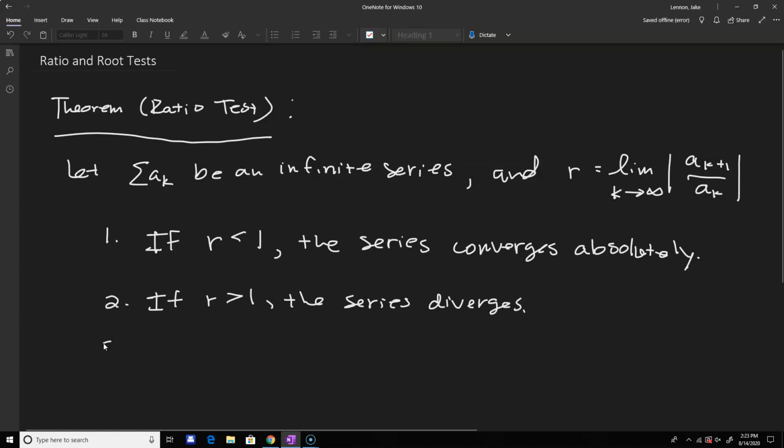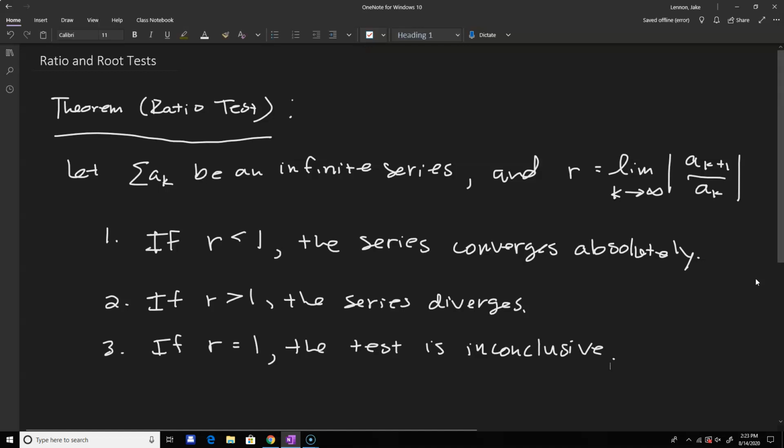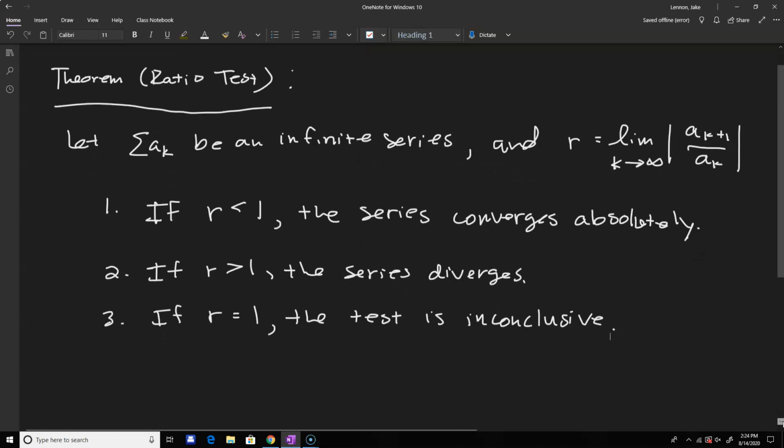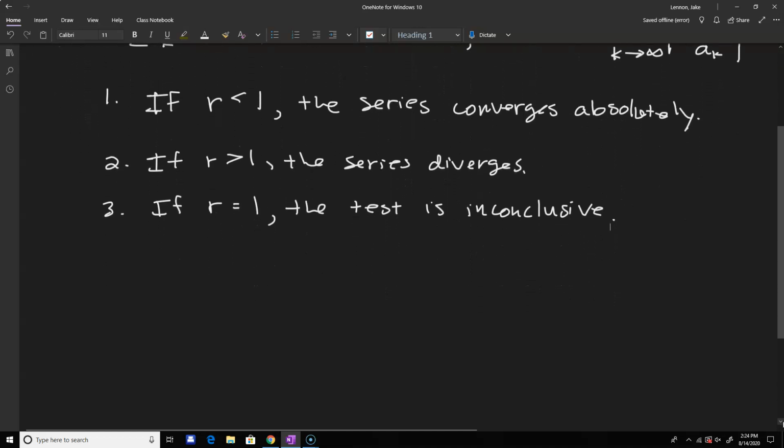And if R is equal to 1, the test is inconclusive and you have to try and use another test, maybe a limit comparison or an integral test or something like that. So a lot of times these tests will involve things like factorials, which are a good indication that you're going to use a ratio test. Usually they give a lot of cancellation, so that's one reason why.